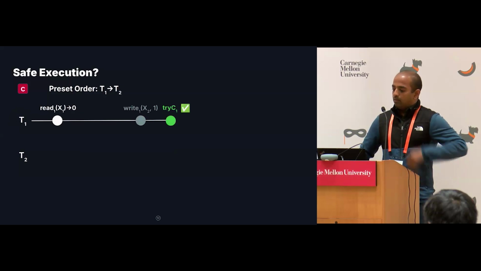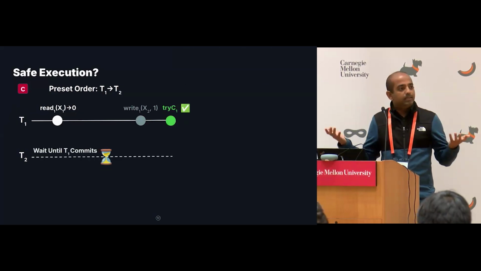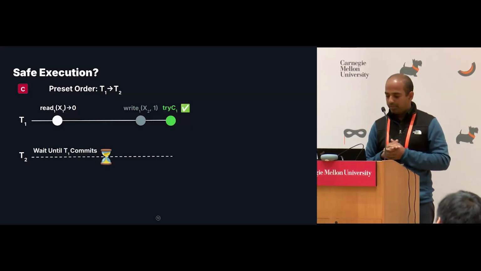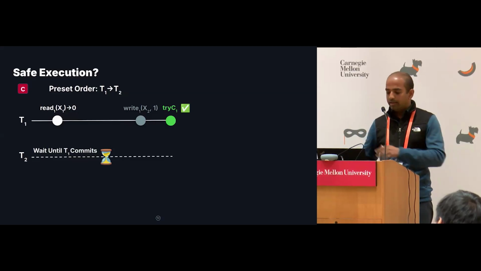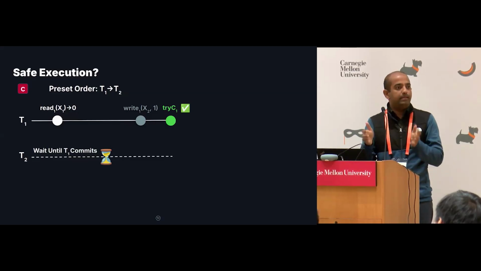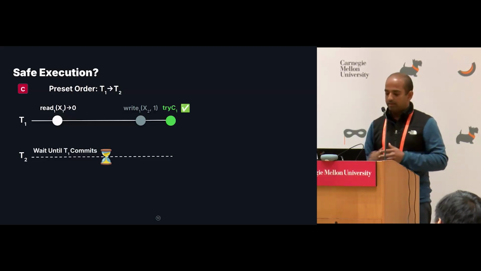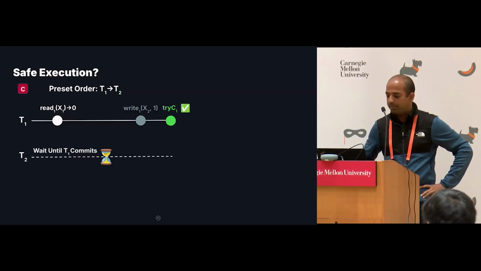So what we're really trying to understand is what are the fundamental limits of what needs to be done in order to get parallel execution to be provably safe. In this example, the only real scenario that seems to work is for transaction T2 to wait until transaction T1 commits its state to shared memory.